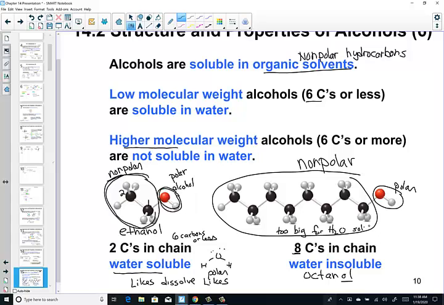And so as it becomes longer and longer, the nonpolar chain becomes more dominant and I can't get it to dissolve. But if the nonpolar region is quite little, I can get the alcohol to talk to the water and force it into solution. So always alcohols are organic solvent soluble, but if I want to know if it's water soluble, it has to be tiny. 6 carbons or less, really less than 6 carbons would be better to get it to dissolve into water.